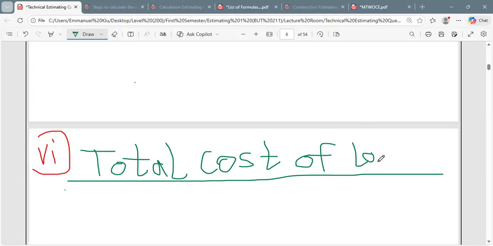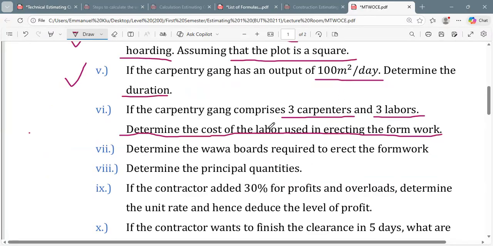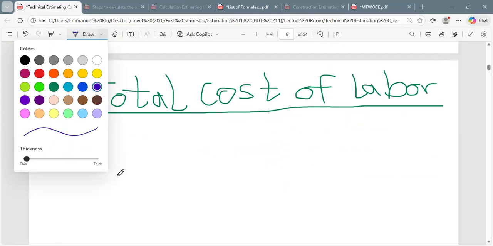We all know that total cost is equal to duration times hire rate, right? So let's quickly proceed.